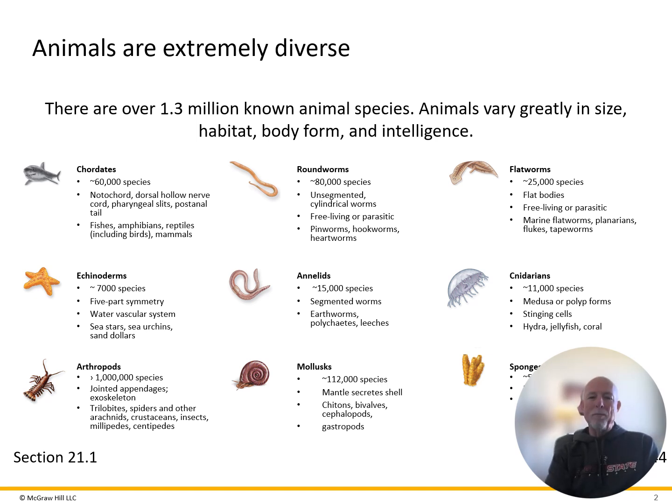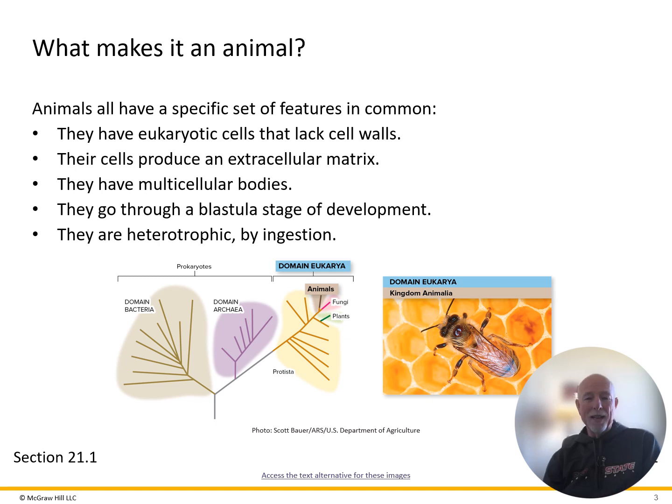We work our way up in complexity to flatworms, mollusks, more worms, arthropods or insects, the echinoderms, and eventually the chordates or the vertebrates. So this slide kind of goes backwards, but that's how we work in complexity with the animals.